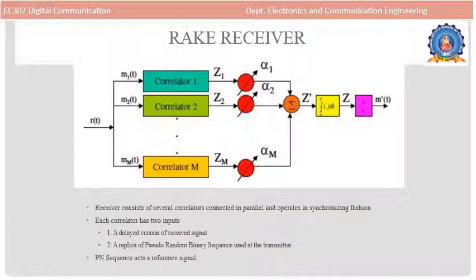This simple diagram shows the rake receiver. Here r(t) is the received signal, and r(t) contains m multipath components, that is m1(t), m2(t) up to mm(t), and they are given to m correlators, then phase and gain adjusted, summed, and given to a product integrator and then the decision device.